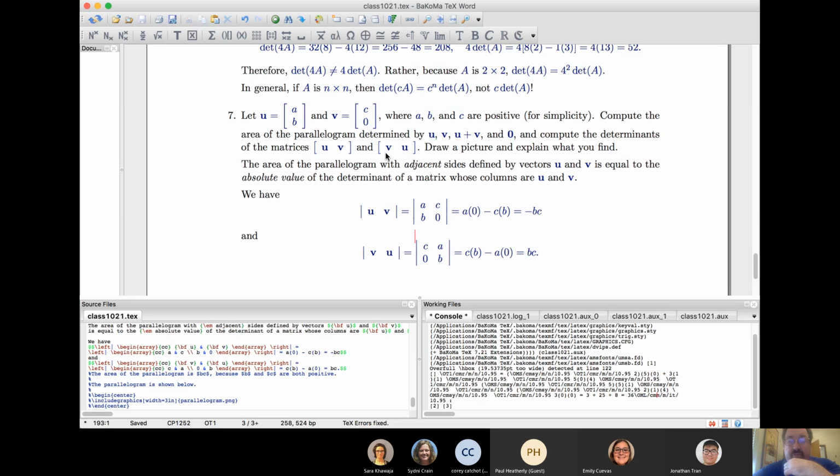So the area of a parallelogram described by these adjacent sides is b times c. And it's interesting that the value of a ends up not playing a role in the area.